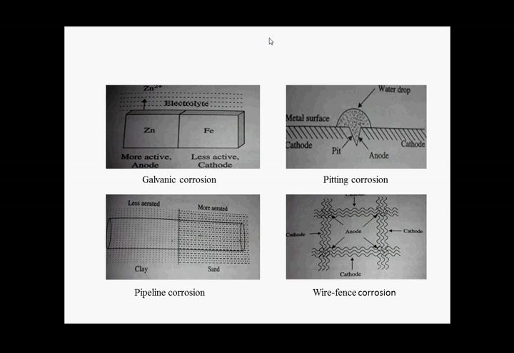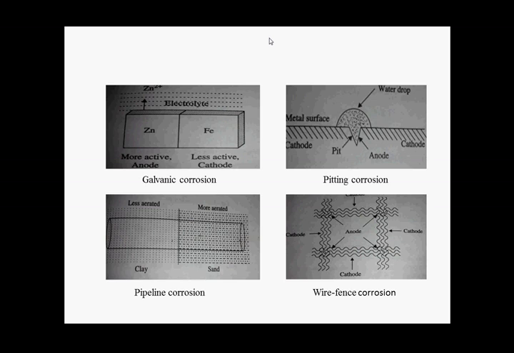In pipeline corrosion also you can see that when the pipeline passes from a clay area to a sand area, the corrosion takes place at the clay area rather than the sand area, because clay is tightly packed. The soil is tightly packed there, so it is less aerated, whereas the sand area is more aerated. So the corrosion takes place at the clay area.